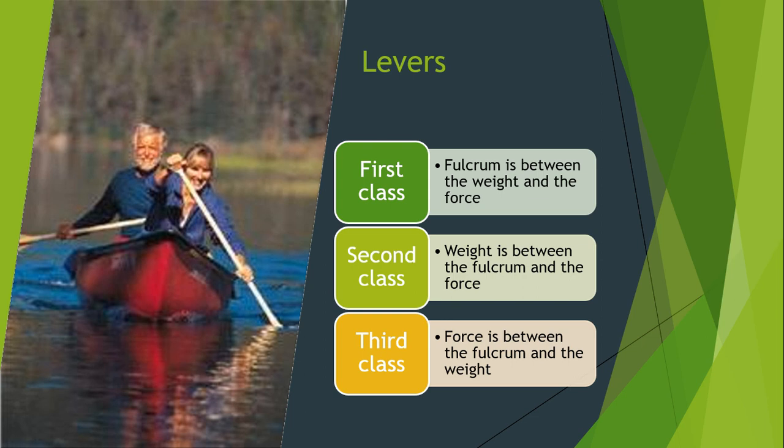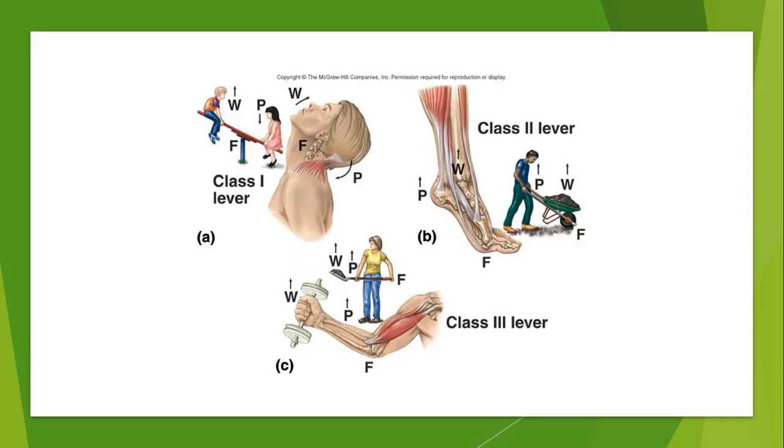There are three types of levers that are determined by the relationship of the fulcrum, which is the axis, the weight, and the point of application of the force. We're going to talk about these next. In a first-class lever, the fulcrum is located between the weight and point of application of force. So you can see in the first example, you have the seesaw, where you have the fulcrum, which is the seesaw itself, and then you have the weight and the point of application of force, which is the person, their weight.